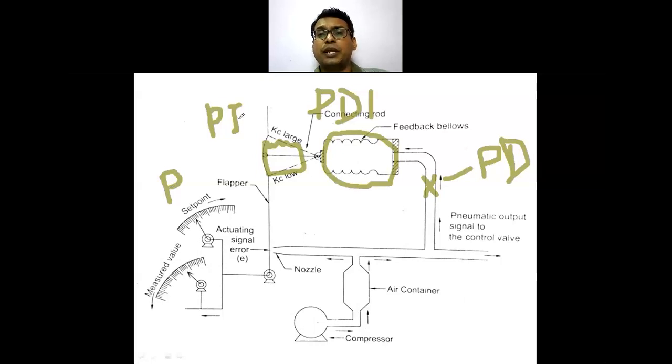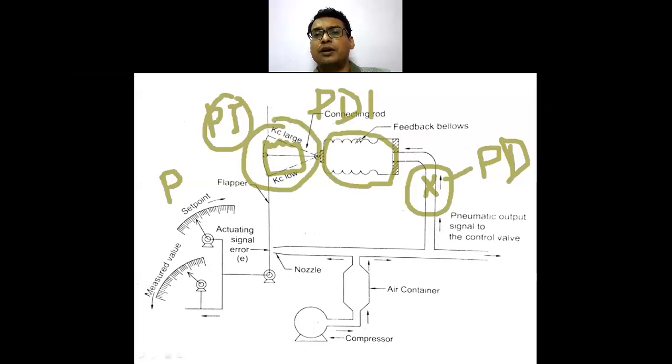So these pneumatic controllers are proportional controllers. They are provided with only one bellow. Then to make it a PD controller, I am going to add a resistance. Then to make a PI controller, I am going to add another bellow.